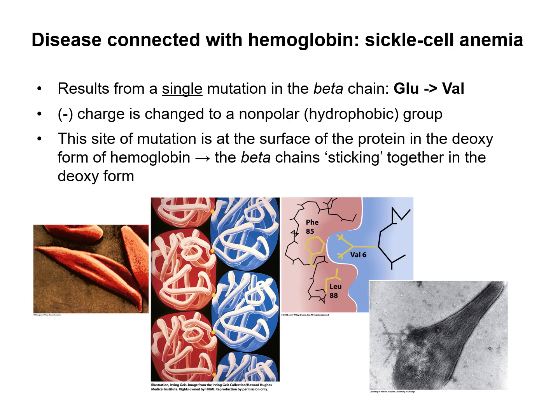So it results in the beta chains stacking together in the deoxy form. So there can be this accumulation of hemoglobin sticking together. So it inhibits the binding of oxygen molecules, as well as inhibits any conformational change too easily within this accumulation.